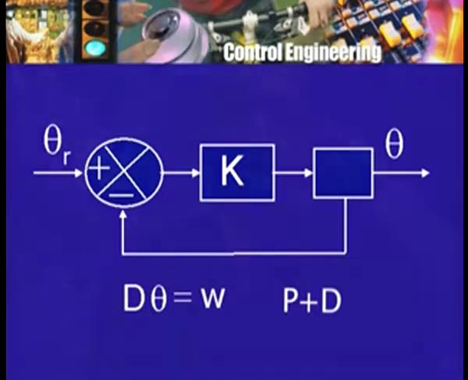For what reason? The main reason for introducing integral feedback was to reduce the error due to load torque variation, that is the effect of the disturbance variable. That is where we introduce the integral feedback. In this case, one can see that it is not necessary to introduce the integral feedback to take care of the load torque disturbance, because ultimately the motor is to come to a steady position, theta r very close to theta.